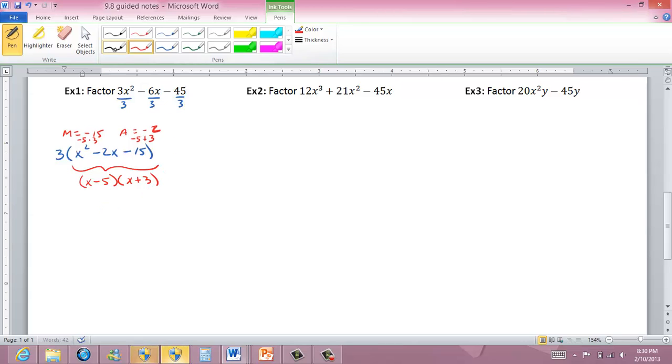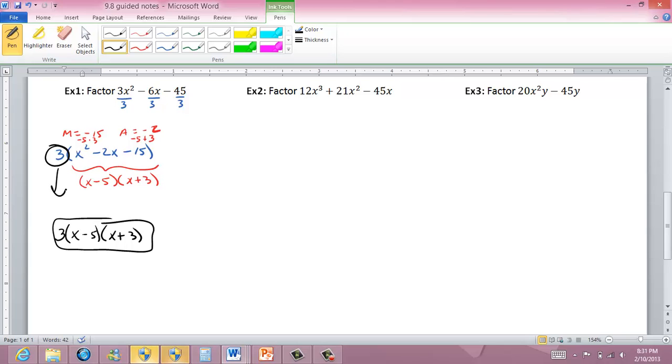But when we go to write our final answer, we can't forget about this greatest common factor. So, our final answer here is 3 times the quantity x minus 5 times the quantity x plus 3. It is very, very important to make sure you bring down that GCF in your final answer.